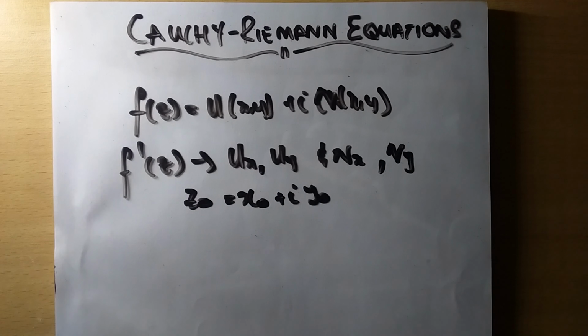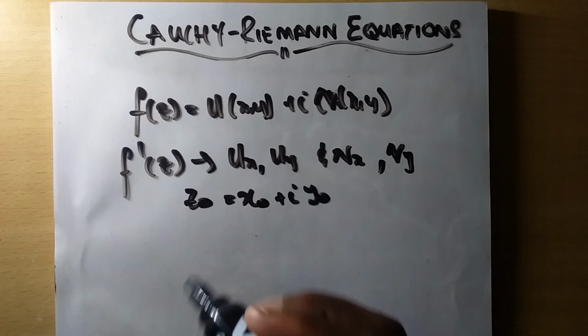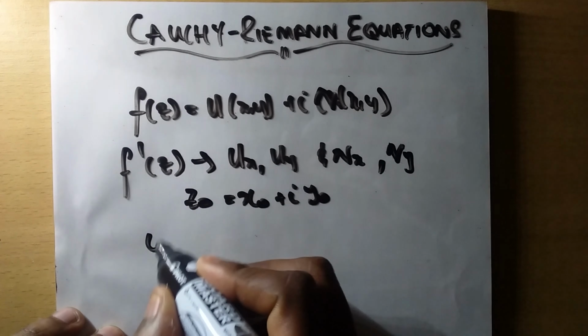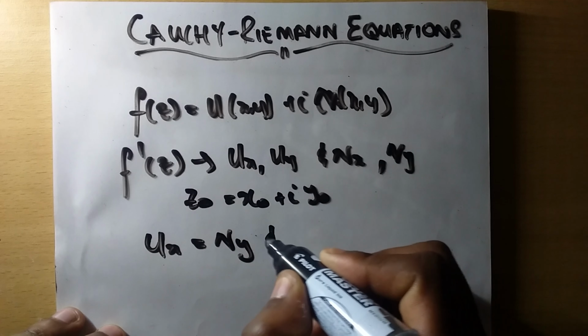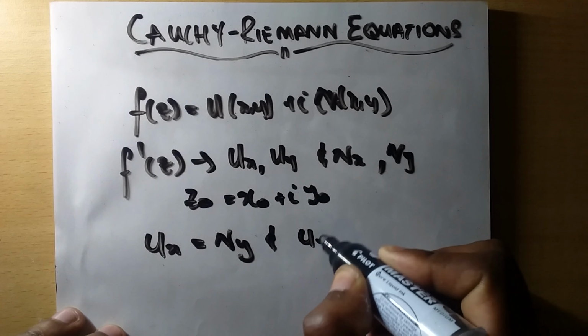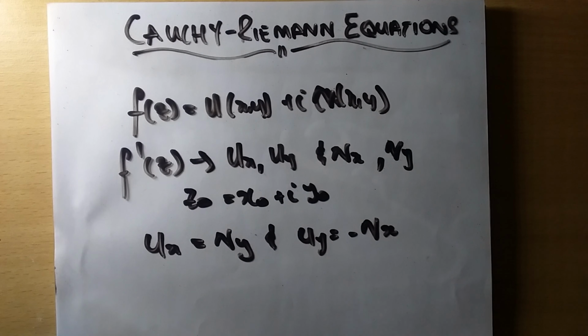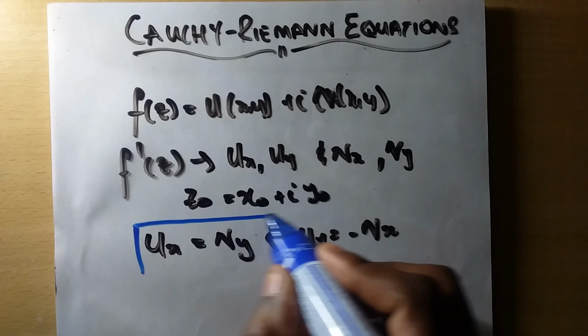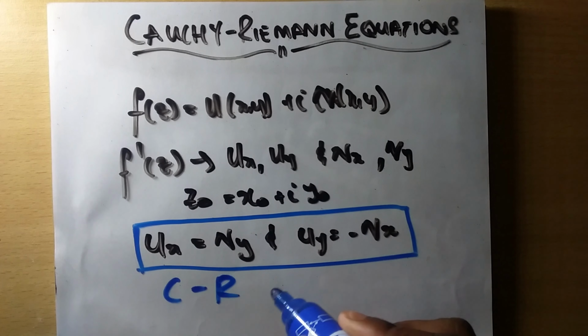So if everything exists at this particular point, then ux is equal to vy and uy is equal to negative vx. We call these equations at the bottom the Cauchy-Riemann equations.